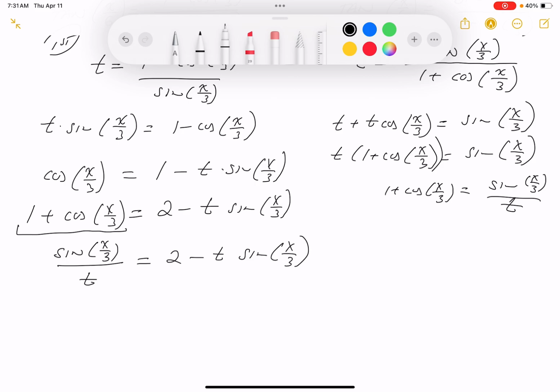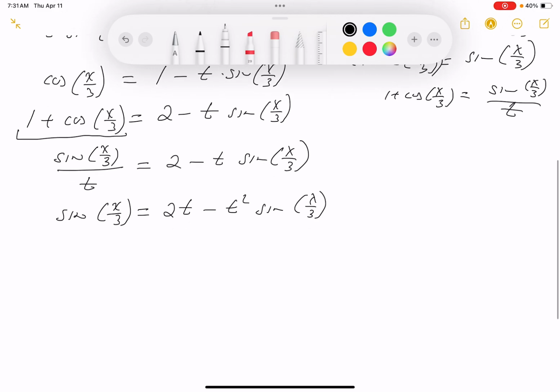Now, again, I think I can solve this for the sine now. All right, sine of x over 3. What I'm going to do is multiply both sides by t, and you get sine x over 3 equals 2t minus t squared sine x over 3. Now I add t squared sine x over 3 to both sides, and you get sine x over 3 plus t squared sine x over 3 equals 2t.